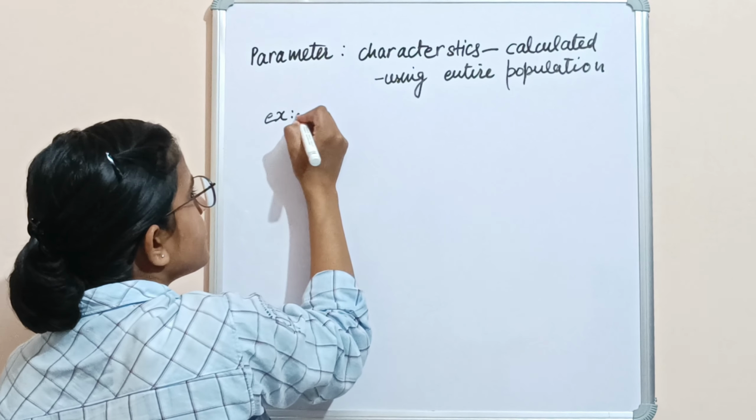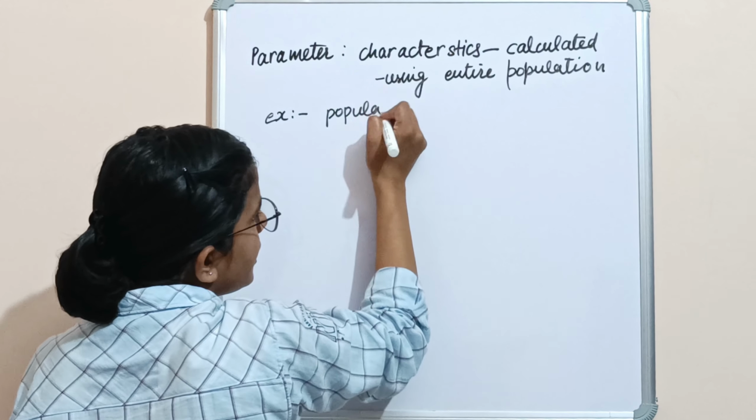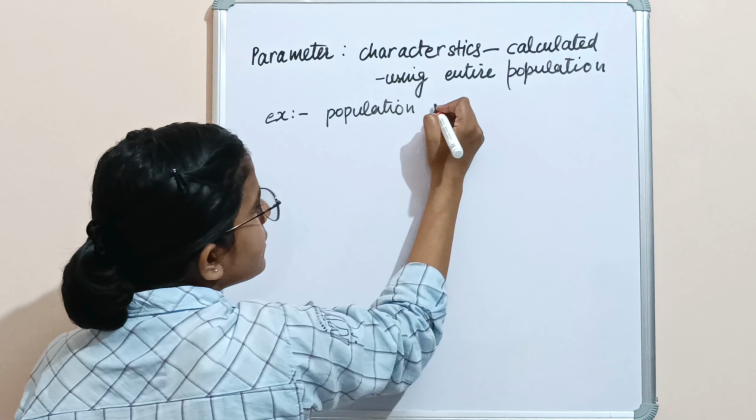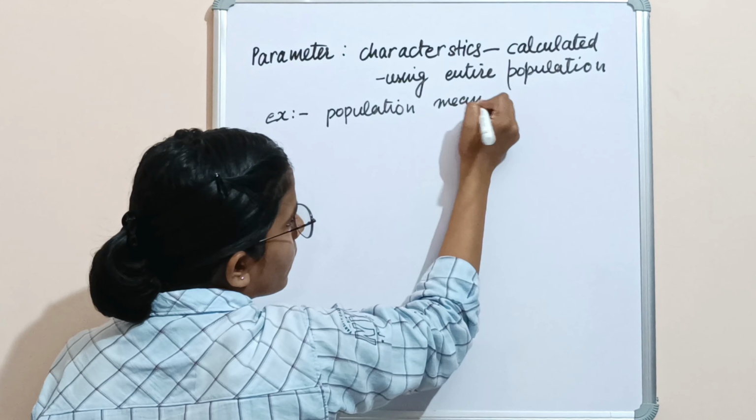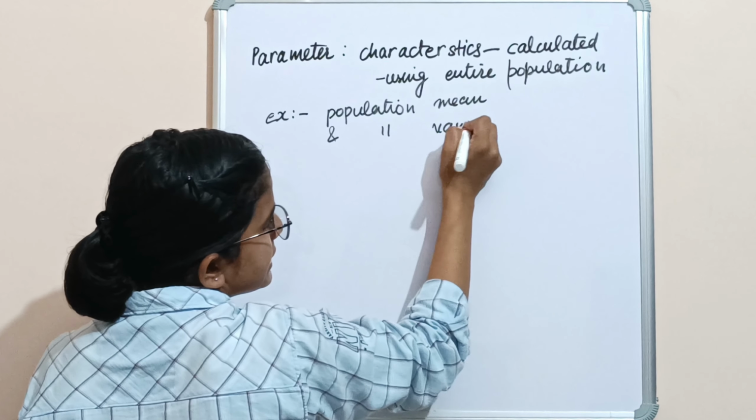Example: population mean and population variance.